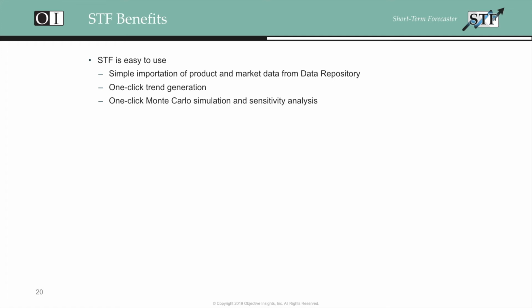So the short-term forecaster model has a number of benefits. One is it's easy to use. Most times that it's opened, you're just going to simply import data from the data repository. With one button, you're going to generate trends. And then if you want, you could use another button to run a Monte Carlo simulation and get sensitivity analysis.